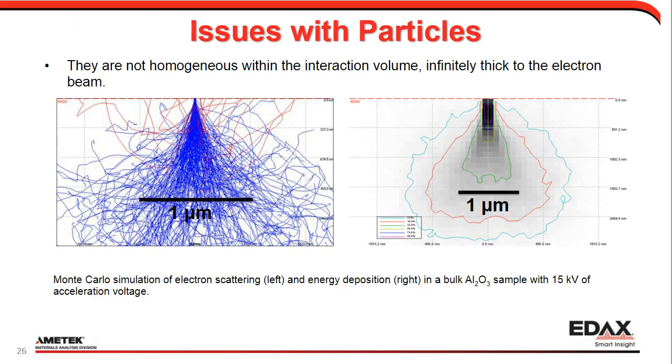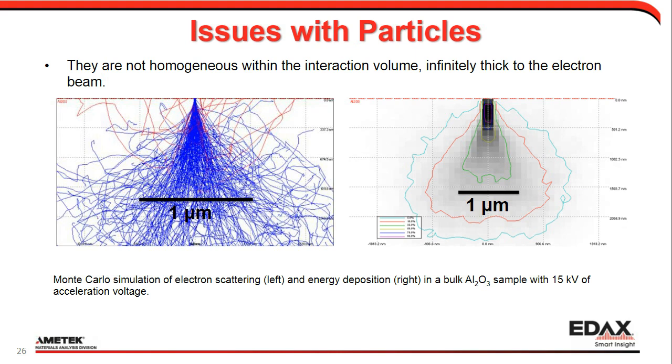Particles are not homogeneous within the interaction volume, and not infinitely thick to the electron beam. Here I'm showing a Monte Carlo simulation of the electron scattering on the left-hand side and energy deposition on the right-hand side in a bulk alumina sample with 15 keV of acceleration voltage. On the left-hand side, we see the incident electrons penetrate more than 1 micron into the sample.